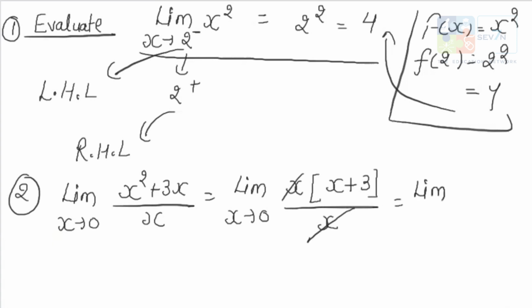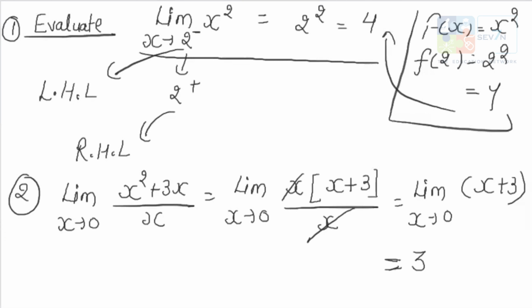And instead of writing this, you can write limit x tending to 0 of x plus 3. You can put x tending to 0 now. What is your answer? It's equal to 3. Sorry, yes, it's equal to 3.